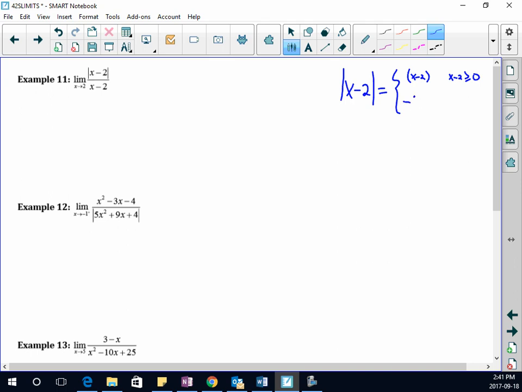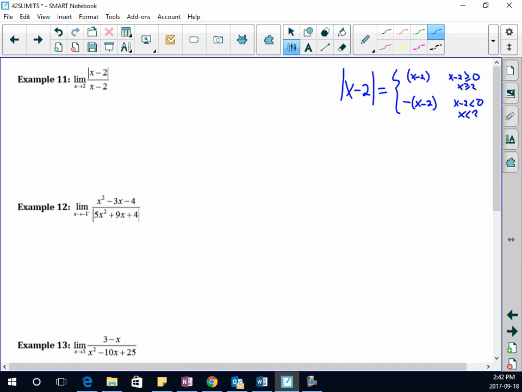And it's equal to negative bracket x minus 2 when x minus 2 is less than 0. Does everybody see how I'm giving this definition? It's the same definition as absolute value, except now it has an x minus 2 instead. So if I move the 2 over, that is x is greater than or equal to 2. If I move the 2 over, I have x is less than 2.